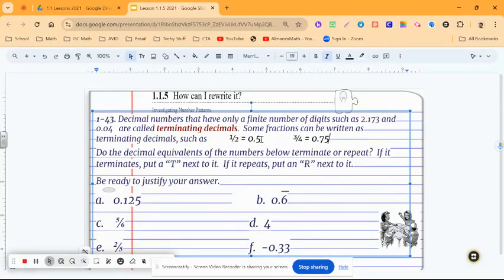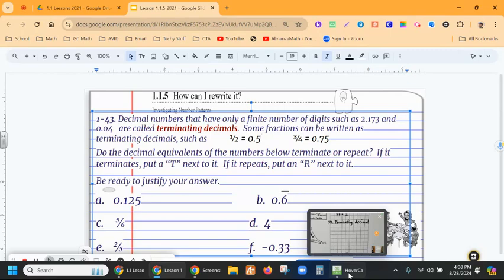Why is 1/2 0.5 and why does it stop there? The answer is, when we have a division problem or a fraction, which is a division problem, when we divide, we will eventually be done dividing. And how do we know we're done dividing?